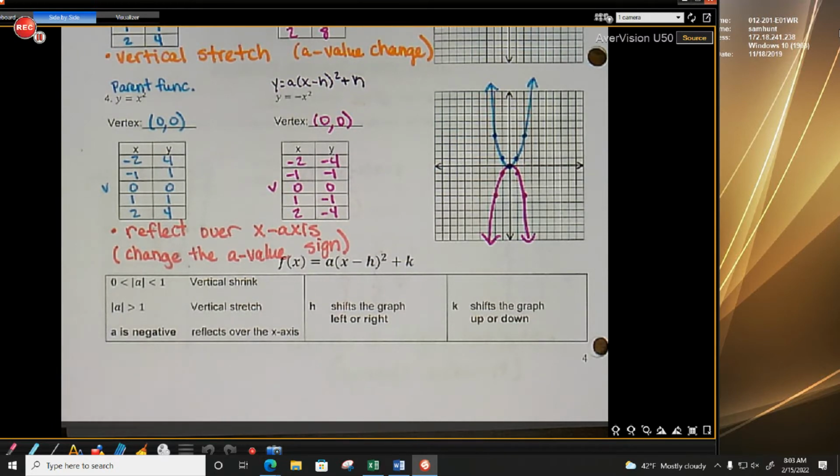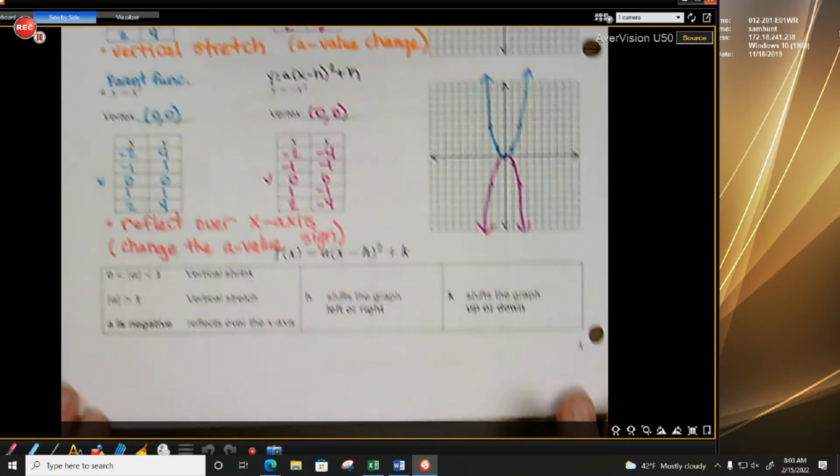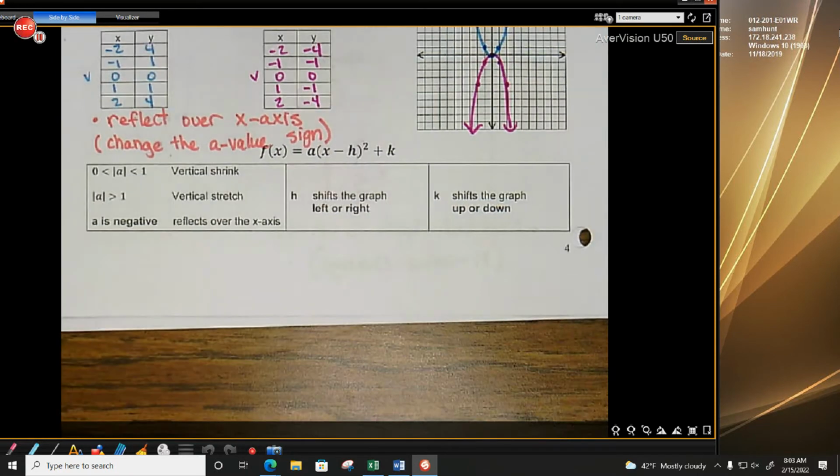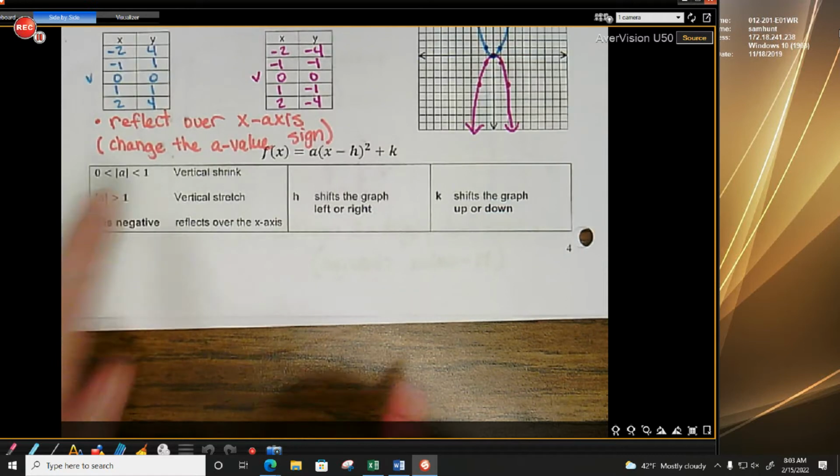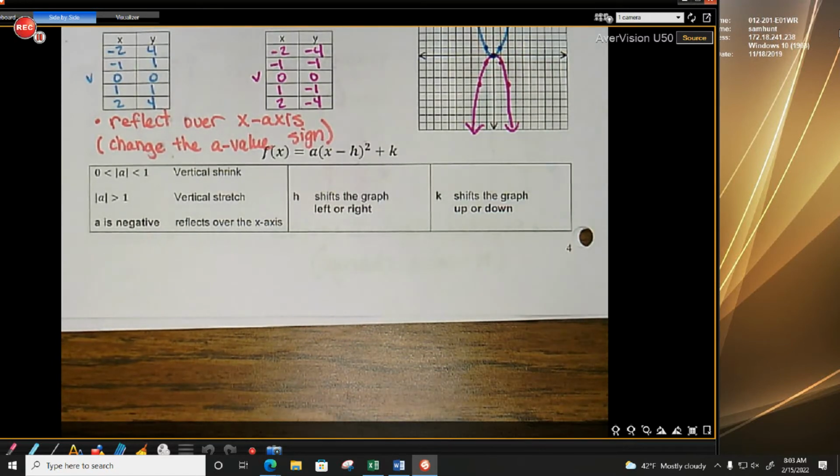So, down here, those 4 changes we just made a little chart out of. Do we know what those bars around the a mean? What do those 2 little jail cell bars mean? Absolute value. What does absolute value mean? Turns all numbers positive. It's your distance from 0.